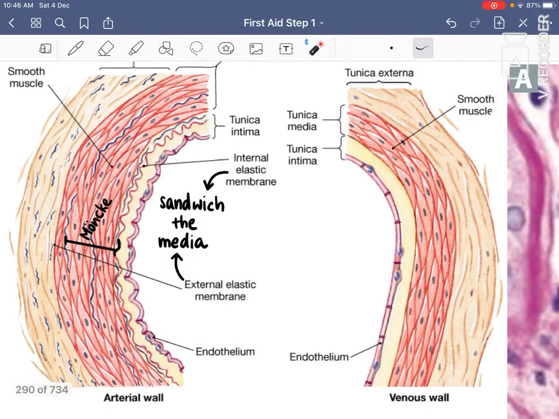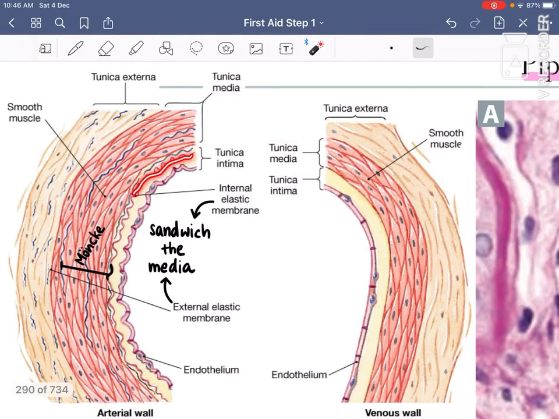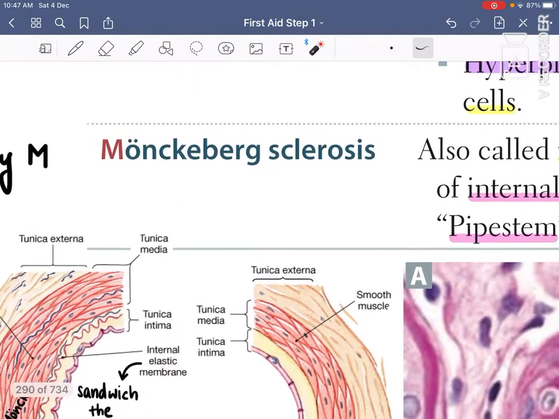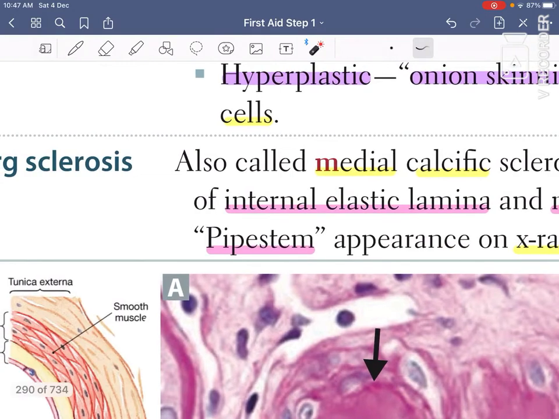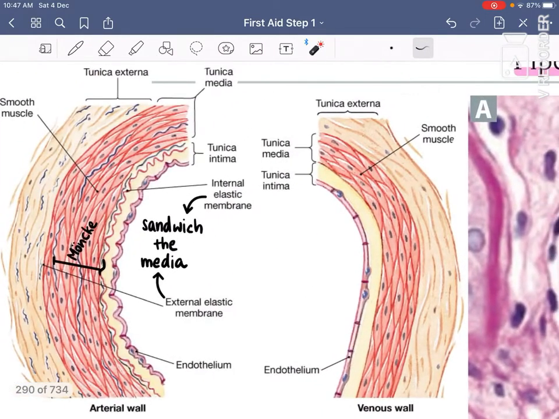Basically the media is a structure that is sandwiched between the two elastic membranes, the two elastic laminae. Here is the internal elastic lamina and here is the external elastic lamina.